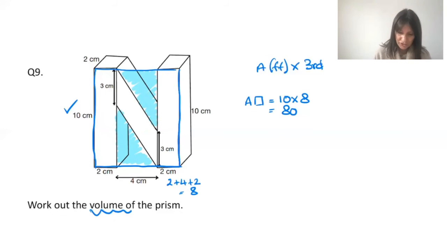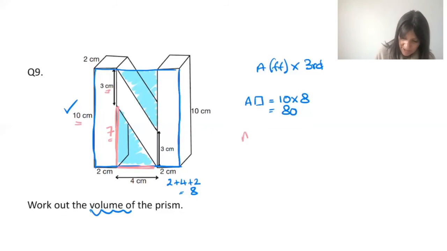So let's concentrate now on the triangle. This distance from here to here is going to be 7 because that 3 and this 7 would add to make the 10. So I know the height of my triangle is 7. I know the base is 4.